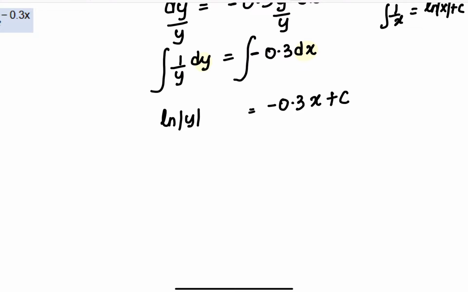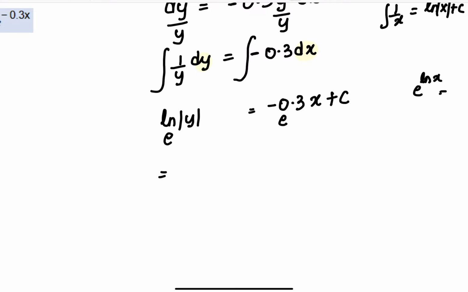As soon as I see a ln, how do I change from ln to not ln? The only way you can change logs to numbers without logs is simply raising them to the base. So ln is base e. I'm going to raise this whole thing to the base e. So now this, you can go ahead and plug into your calculator.